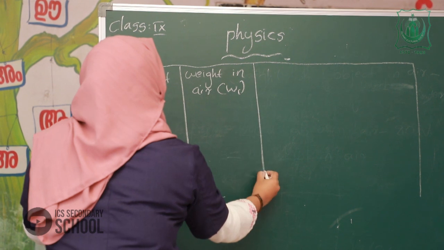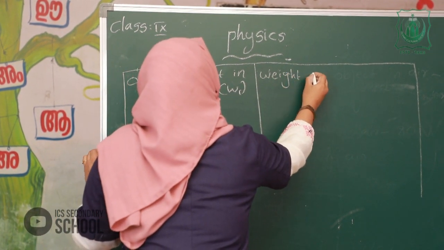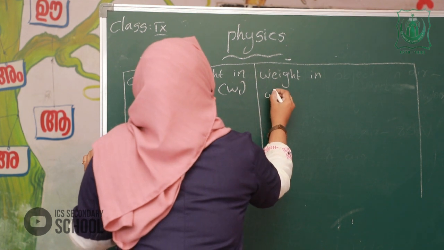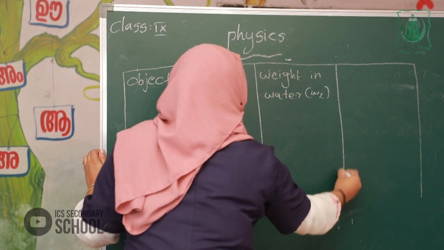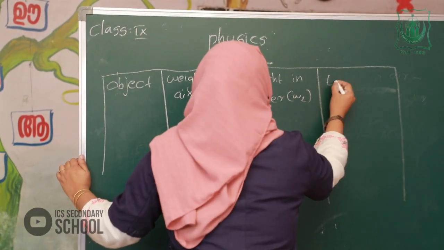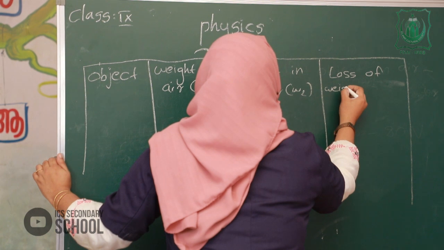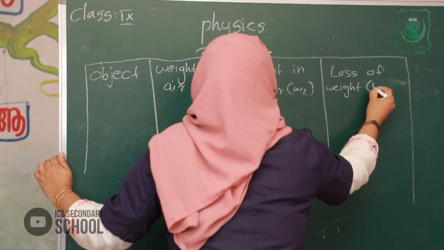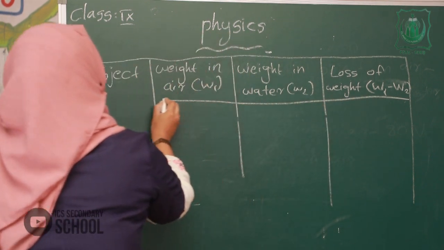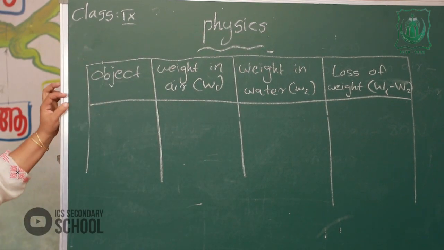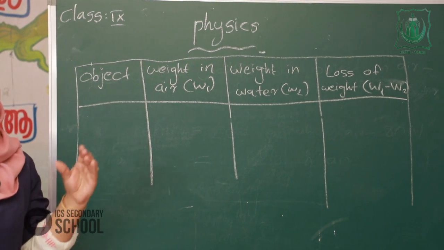Okay. Weight in water, that is W2. The loss of weight, how can we find out? W1 minus W2. Okay. To complete this table, we take a stone and a piece of metal.